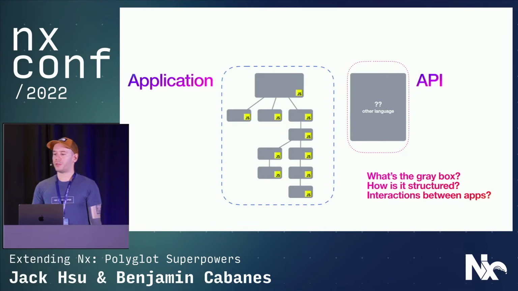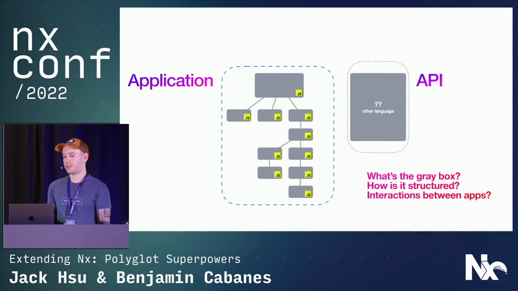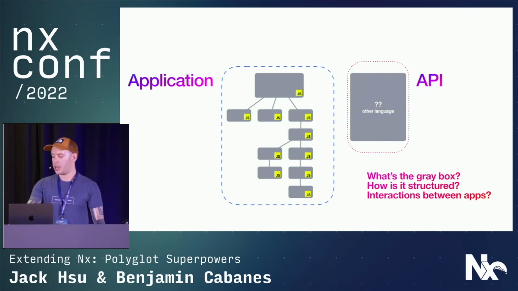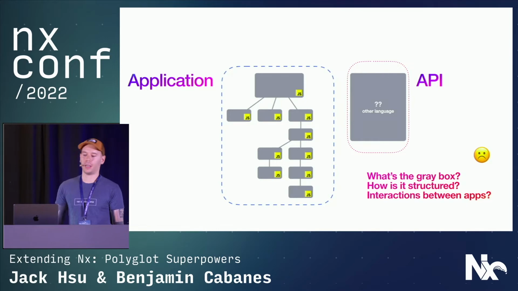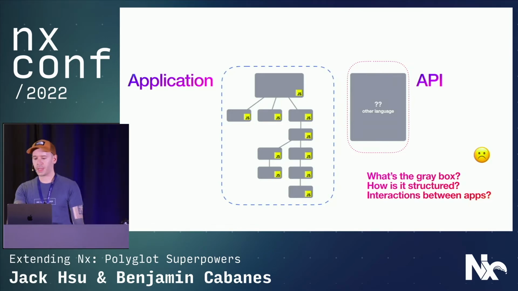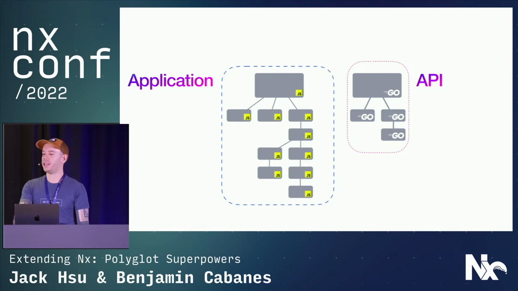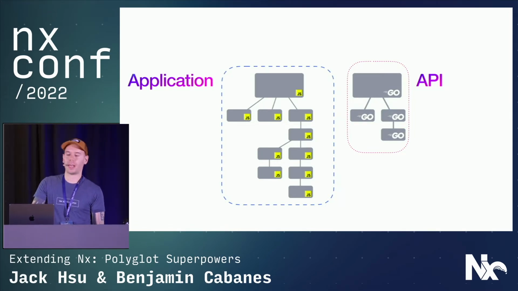And we want to see if there is any interaction between those two projects, if there is a shared package between the application and the API, like we just saw in the previous slides. So this developer experience is not really great, so we are pretty sad about it. Because what we want to know is, maybe this API is written in Go and has a few packages that this API is using.